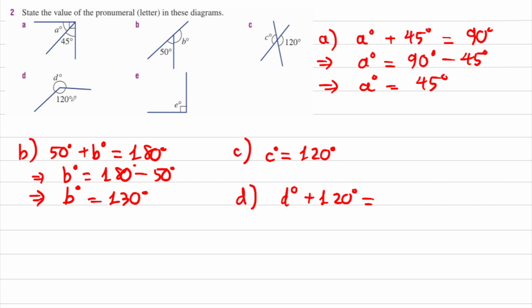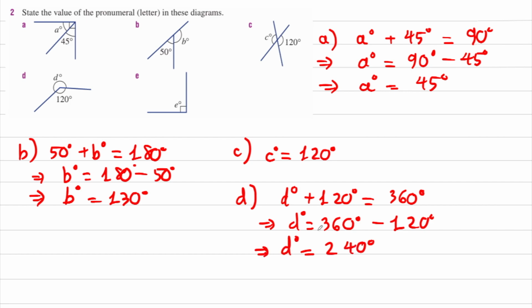They make a revolution, which means the total of them is 360 degrees. Then you find D, 360 degrees minus 120, you get 240 degrees. And question E, 90 degrees, very easy based on this symbol. This symbol tells you the angle is 90 degrees.